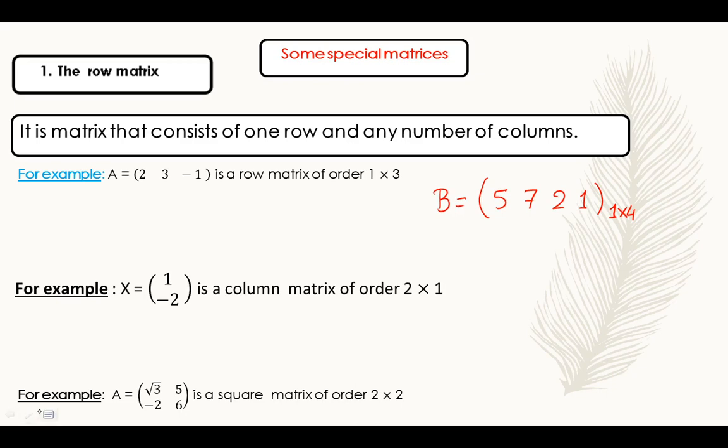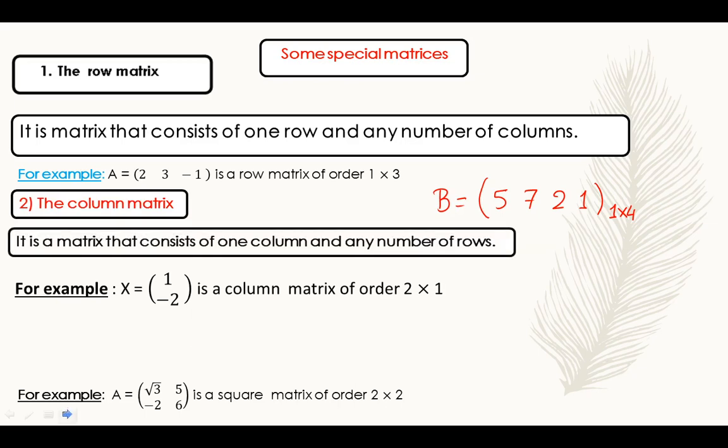The second kind is the column matrix. The column matrix is a matrix that consists of one column and any number of rows. For example, matrix X, 1 and negative 2, is a column matrix of order 2 times 1. Here we have 2 rows and 1 column.